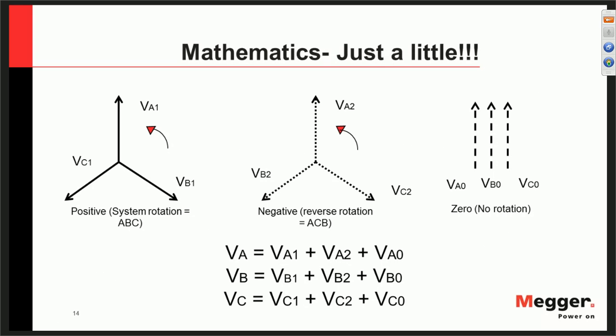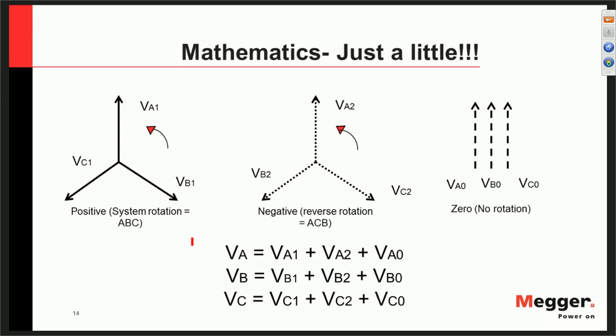Okay, now let's talk about a little bit of mathematics, what exactly we did in the previous slide. According to Charles Fortescue, who derived this whole theory, I can have three different symmetrical vectors to make an unbalanced system: positive sequence, negative sequence, and zero sequence.